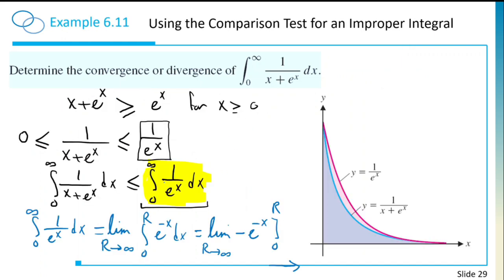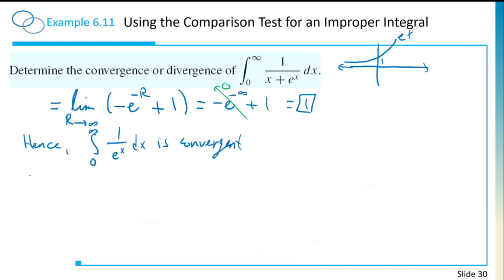Remember our comparison. The larger one, the highlighted one, is convergent. So this implies that the smaller one is convergent as well. What's the smaller one is our question.